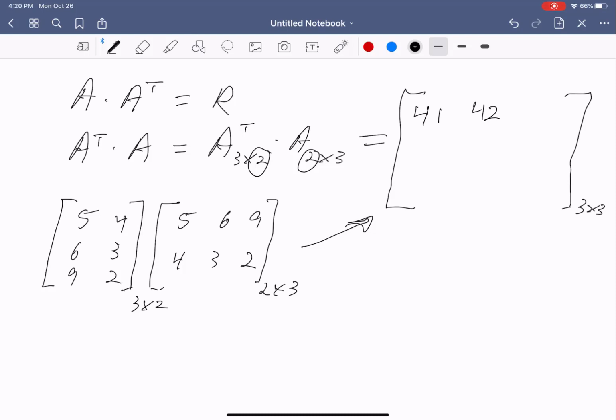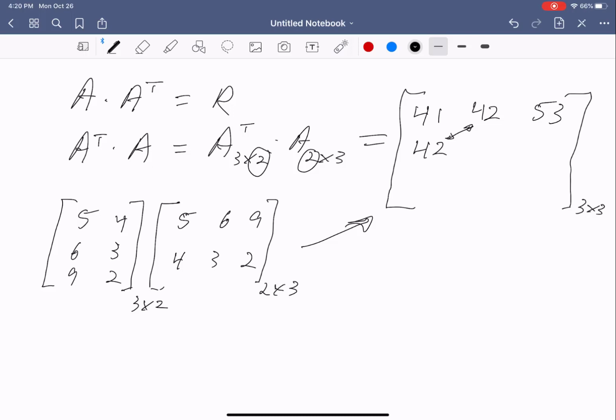Then we multiply 5 times 9, which is 45, plus 4 times 2 is 8, is 53. And we continue to do this. 6 times 5 is 30, 3 times 4 is 12. We get 42. Again, same as we had on the other, when you compare those two, same.